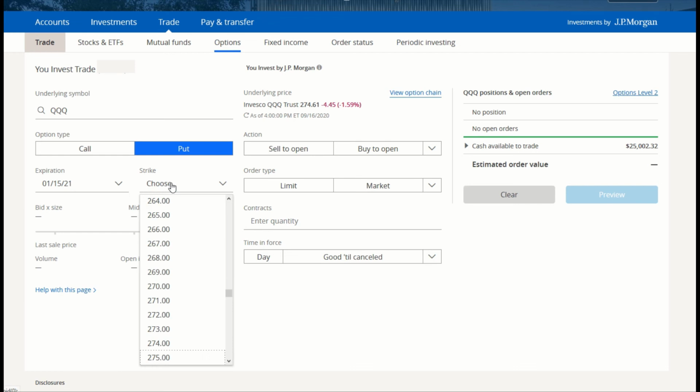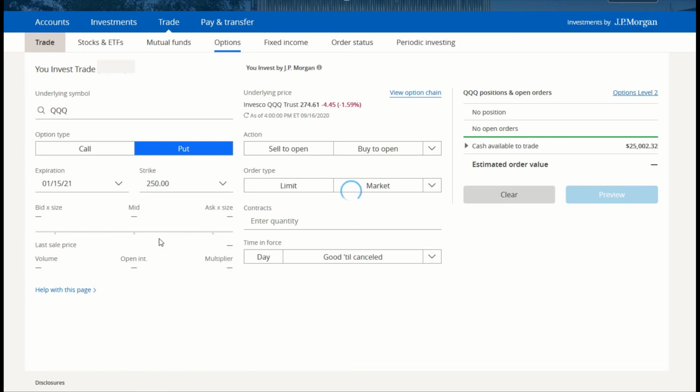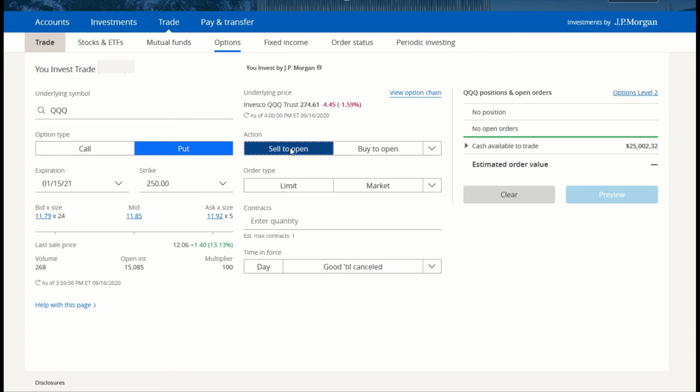Okay, the strike. I have about $25,000 in my account, as you can see over here. So that would allow me to sell a put for a $250 strike. I will sell to open this put, and for the sake of this example, let's choose limit order.